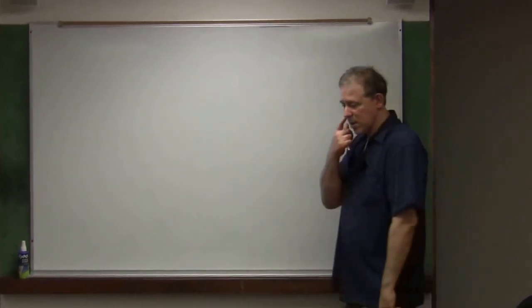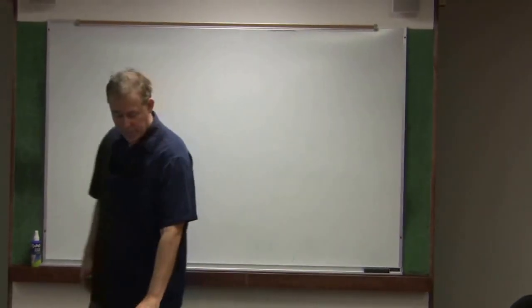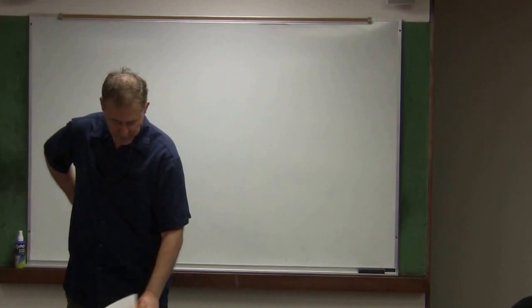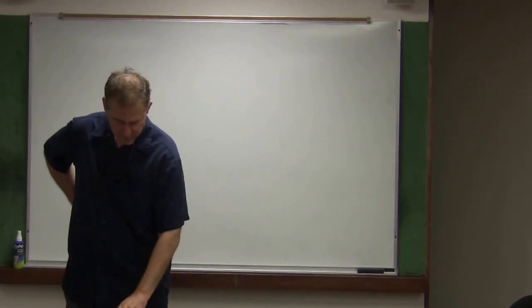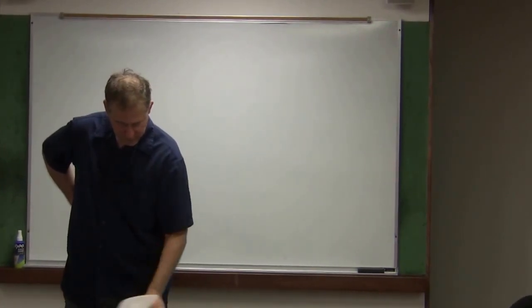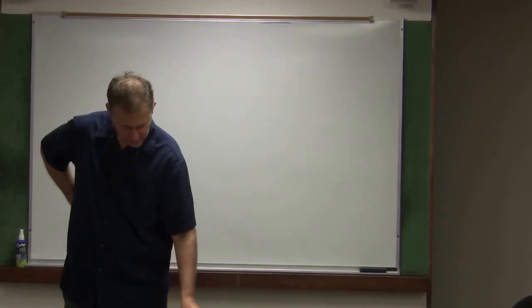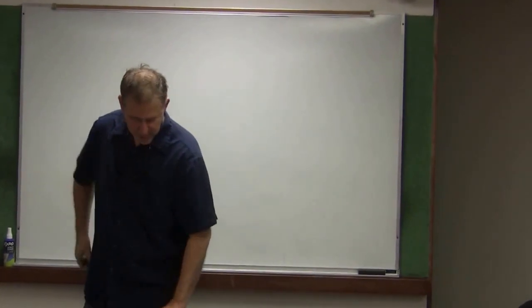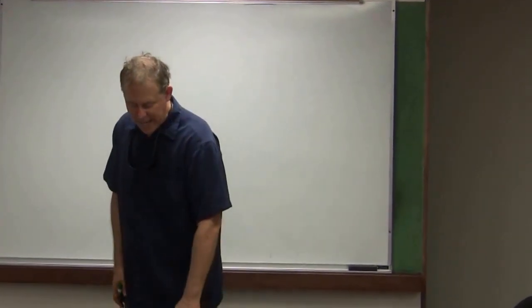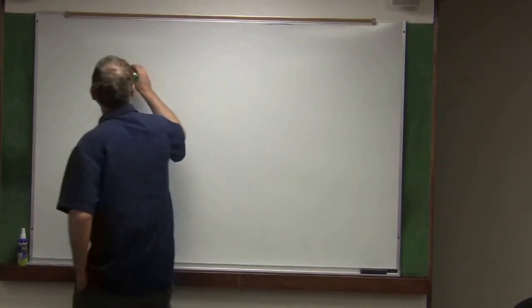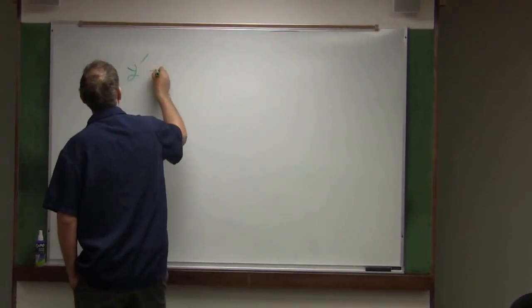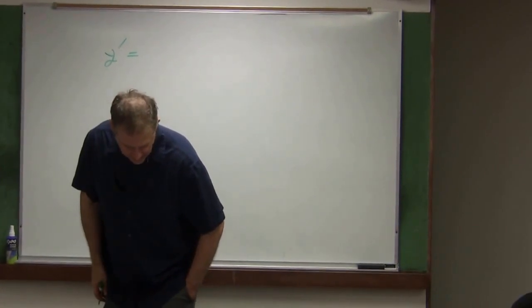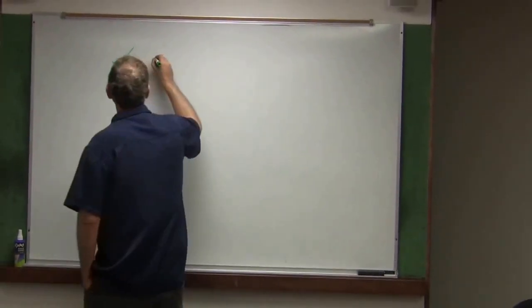Okay, so dy dx, or y prime, is equal to 3x squared e to the minus y.